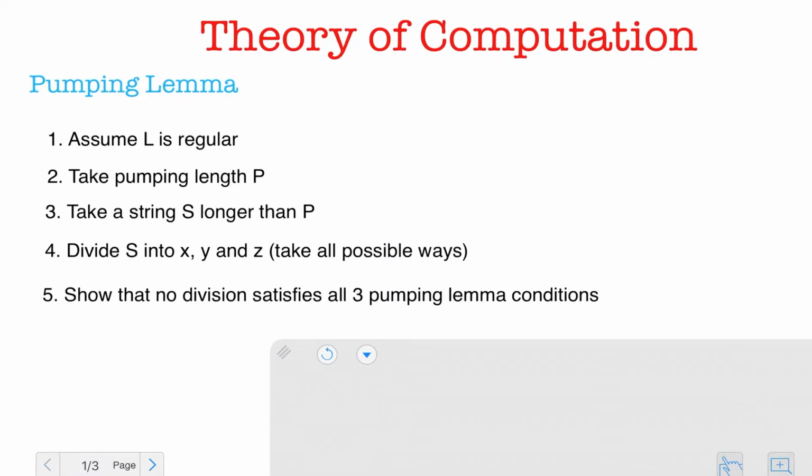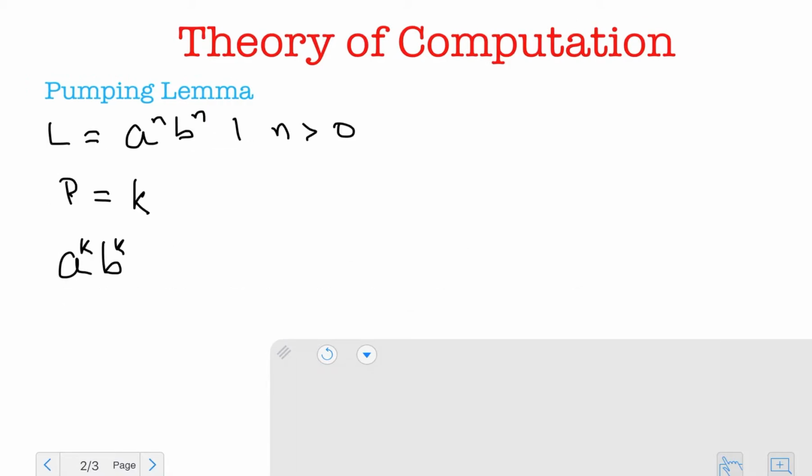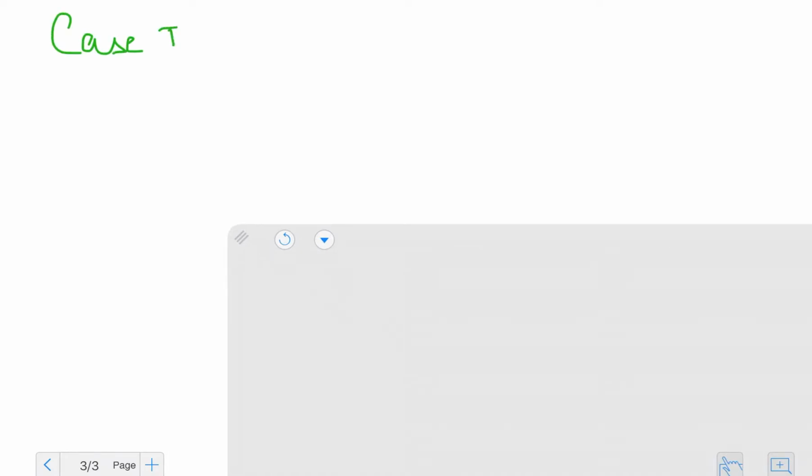Next, what I have to do is divide S into x, y and z, and I have to take all possible ways. So we've already seen before that there are three ways that I can do this. So let's take our different cases. So I have case 1 here. Case 1 is that y is in the a part.